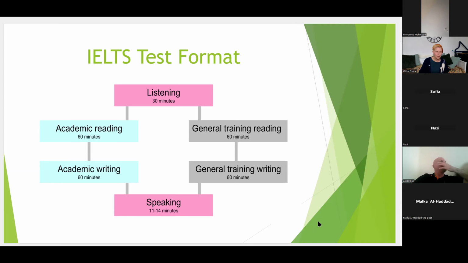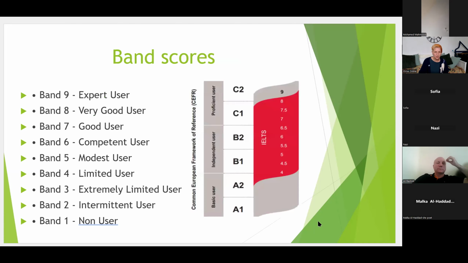So, how do you know what band you need? The band scores go from 1 to 9. Nobody takes the exam at a 1. They correlate to the CEFR reference in roughly this manner.